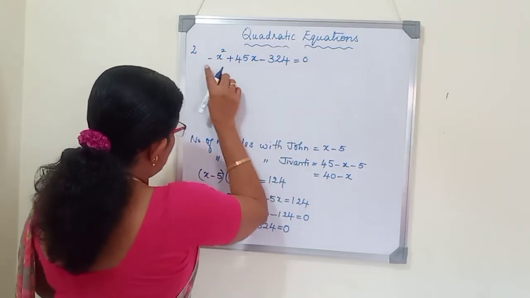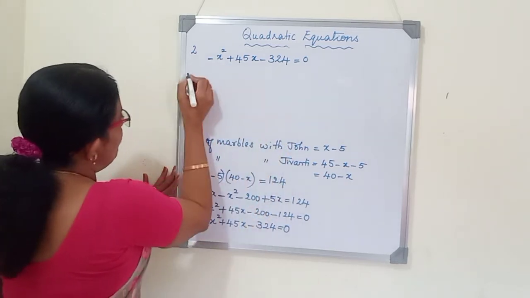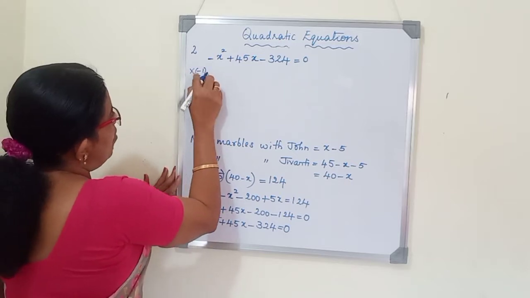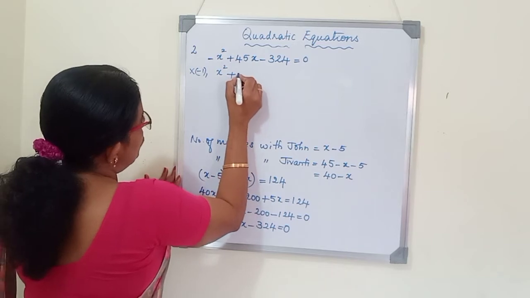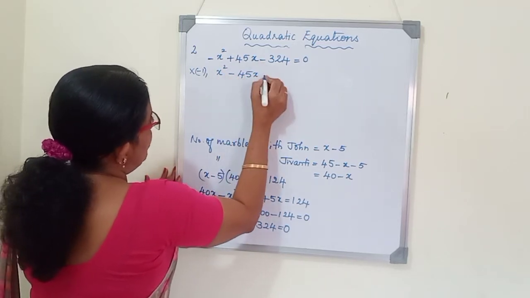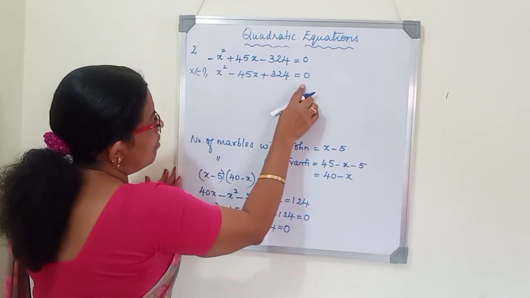Now we will change the sign. We cannot change only one term. So throughout the equation we will multiply with a minus 1. So that minus into minus becomes plus x square, minus into plus minus 45x and minus into minus plus 324. So we got a quadratic equation.